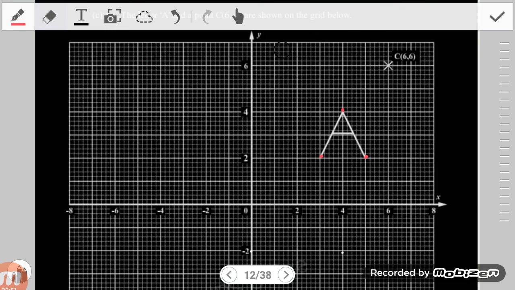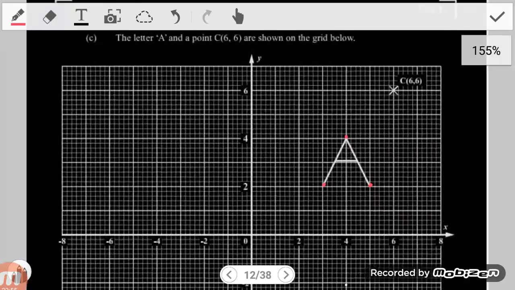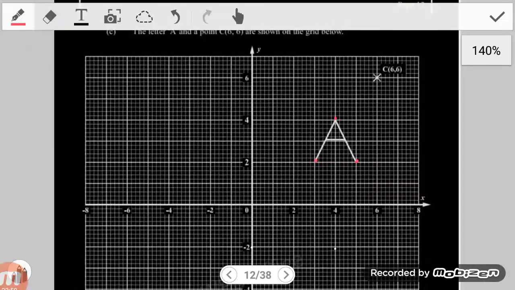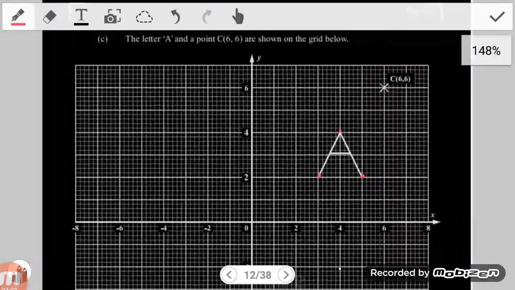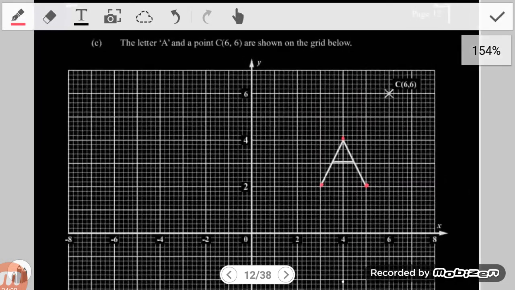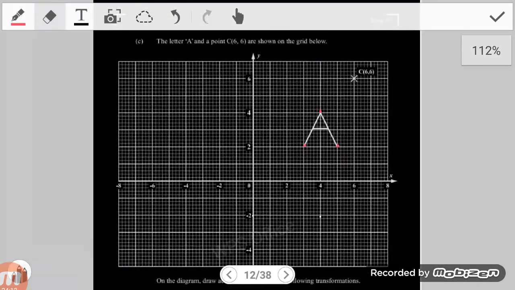What I'm going to do here is draw a line from the center of enlargement. Hold on, guys. I want to draw it as straight as I can. It's a little wobbly. Hopefully I can get it.